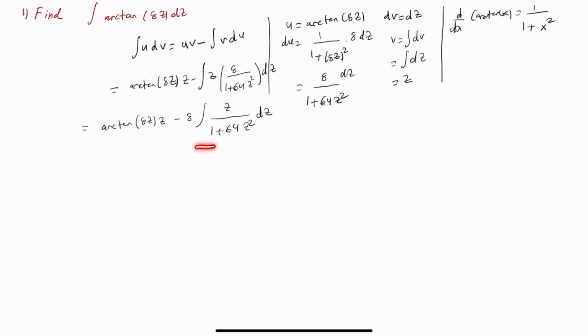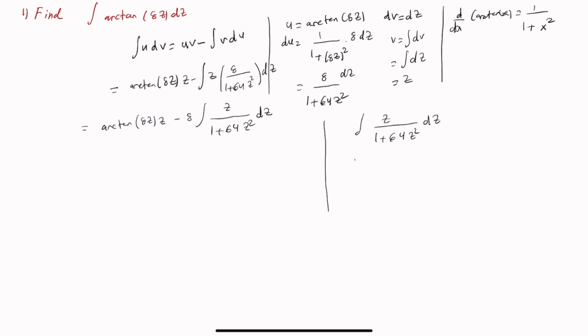Now for the next step, we want to solve this integral. Notice in here when I take the derivative of this term, it's going to be something with z. So let's do that, and I'm gonna bring that to the side. So we have the integral of z over 1 plus 64 z squared dz.